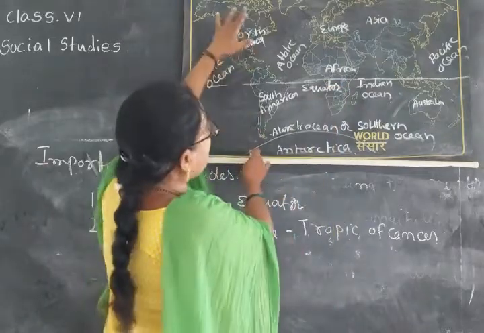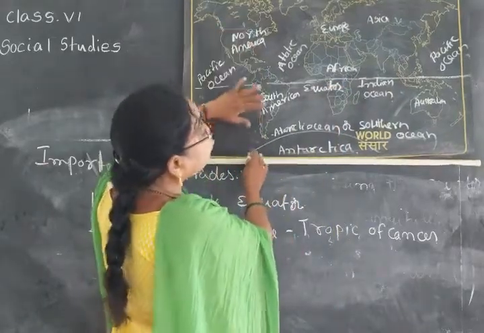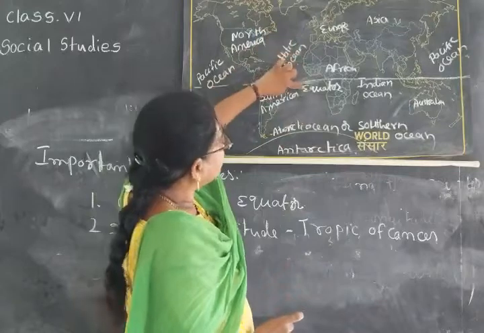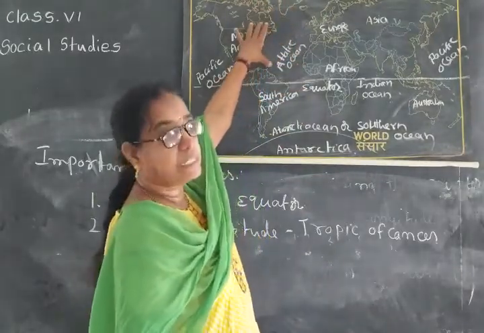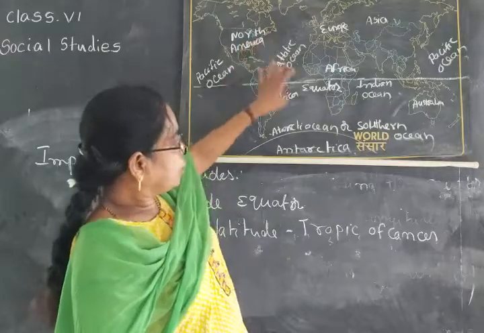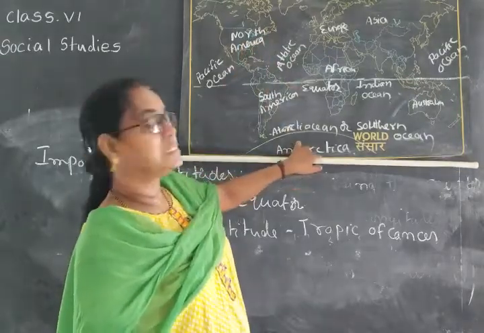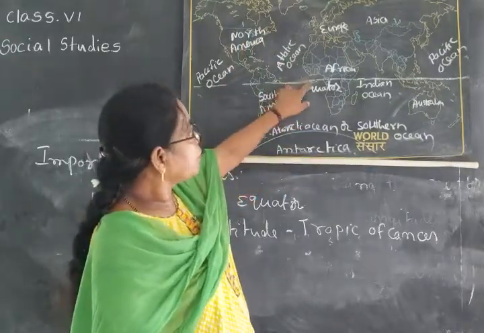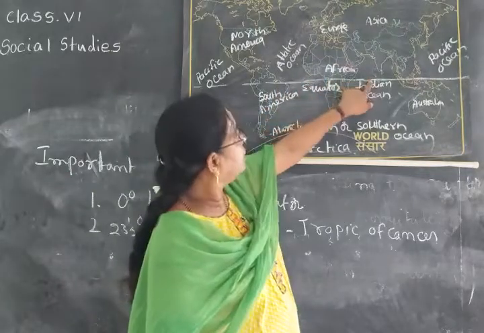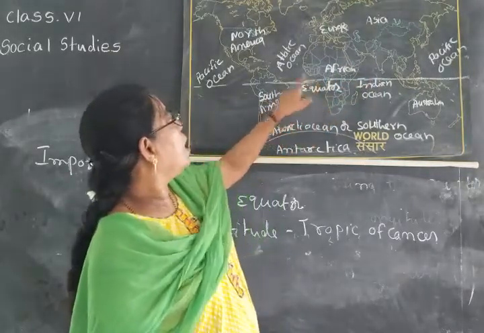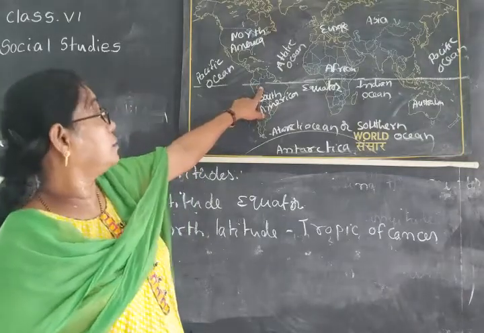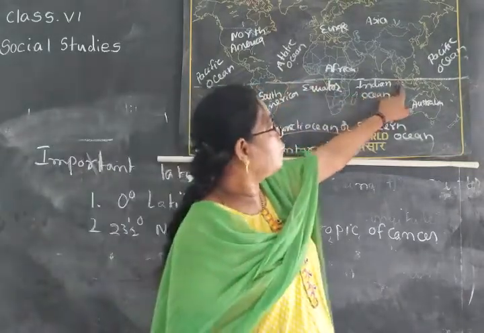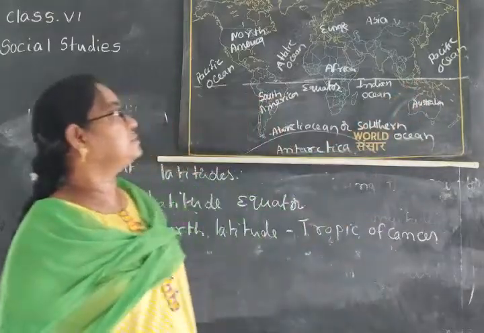It divides the globe into two equal halves. From the equator to the North Pole is the Northern Hemisphere, and from the equator to the South Pole is the Southern Hemisphere. It passes below India, the middle of Africa, South America, and also some islands.